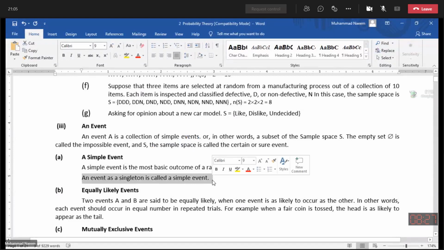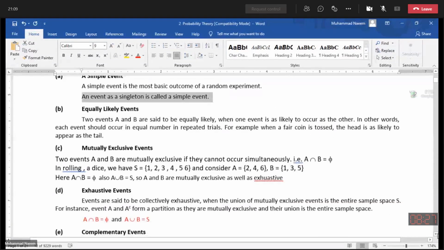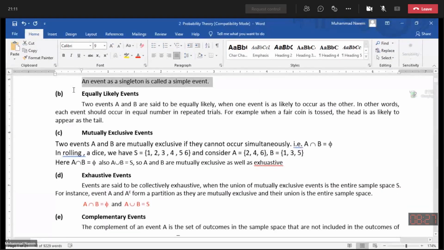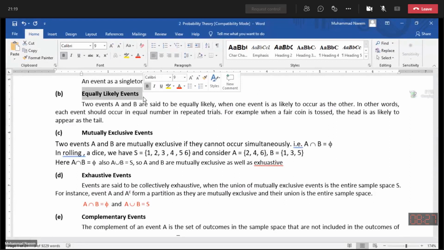Now we have some properties of these events. They are called equally likely if they have the same chances of happening or non-happening, of occurrence or non-occurrence.